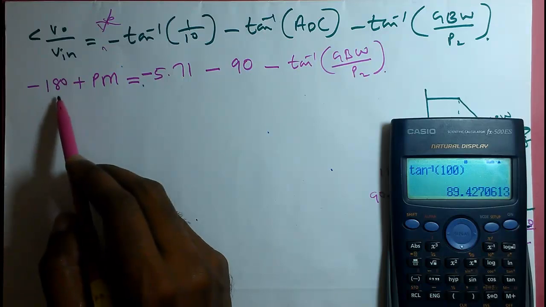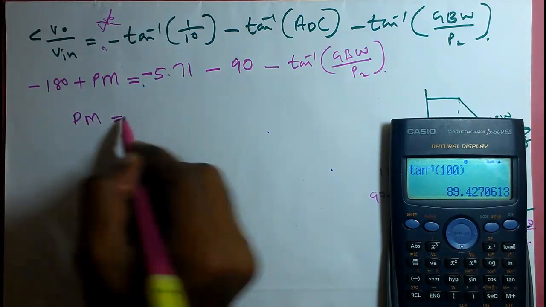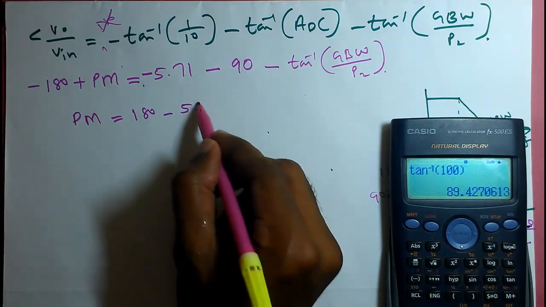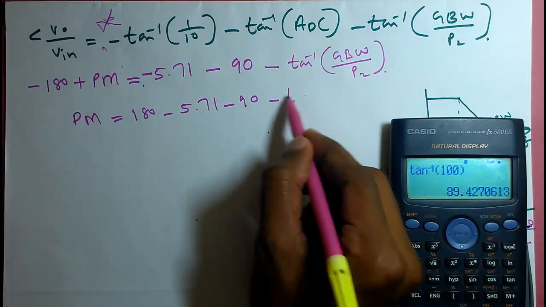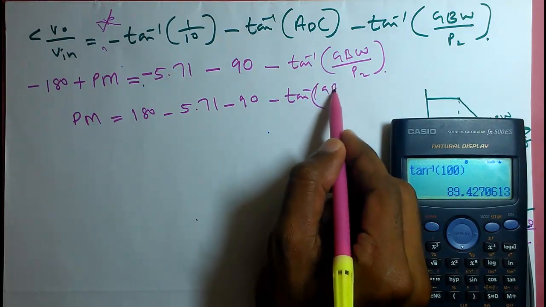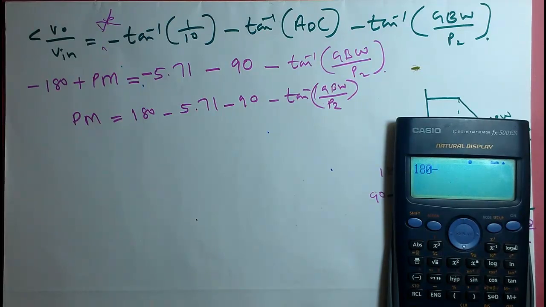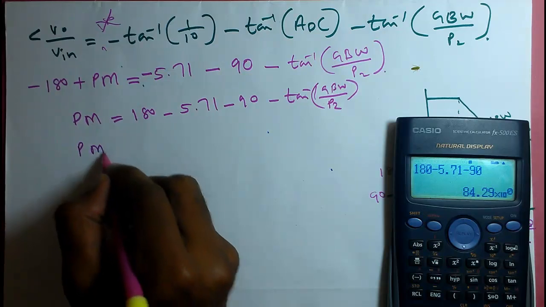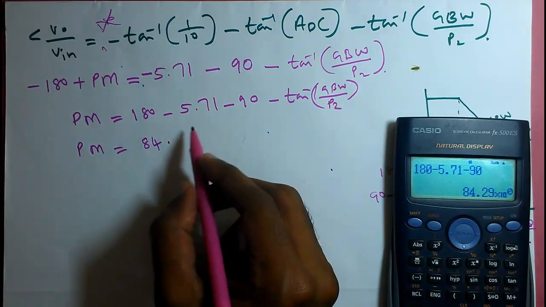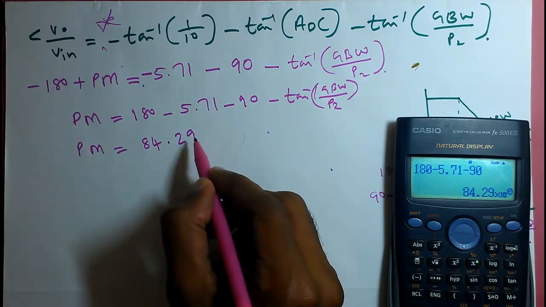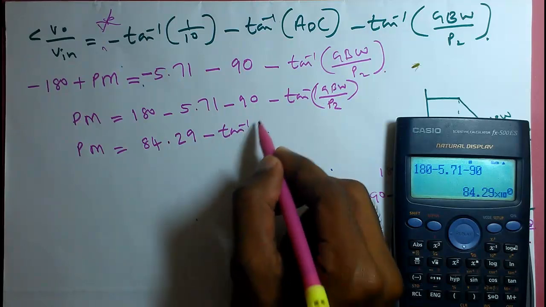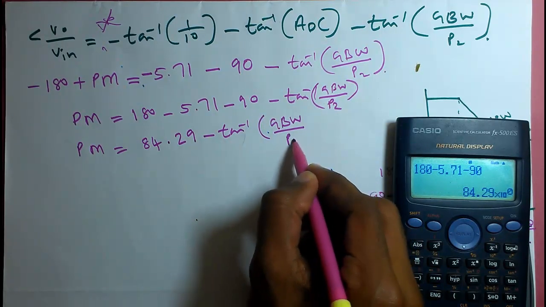We can take this minus 180 degrees to this side. So phase margin equals 180 minus 5.71 minus 90 minus tan inverse gain bandwidth divided by P2. So 180 minus 5.71 minus 90 equals 84.29. So phase margin equals 84.29 minus tan inverse gain bandwidth divided by P2.